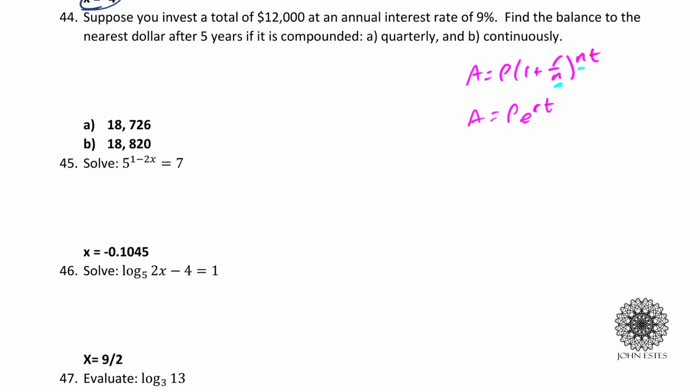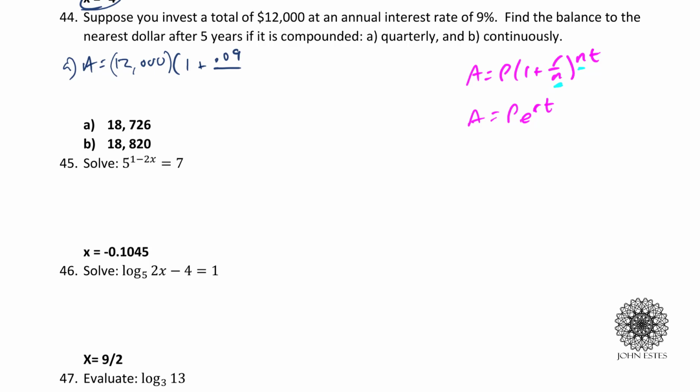Okay, so plugging in the information we have, for the first one, this is A, you have 12,000 times 1 plus, now my rate's 9%, so that's 0.09. If you get confused, just think of nines in terms of pennies. 9 pennies is a dollar.